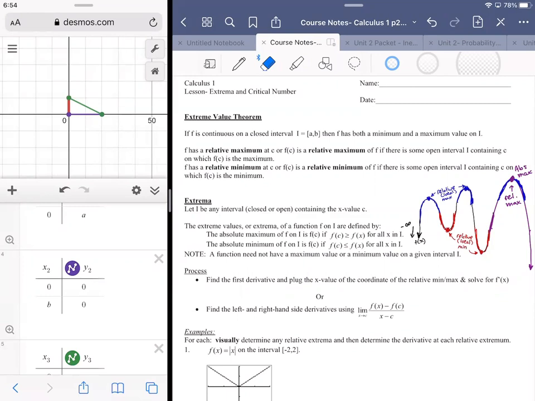Honestly, I've got to read this process because I wrote it such a long time ago and I've made so many edits over time that I can't remember if this is the version that I didn't like and edited, or didn't like and forgot to edit. Let me see. Find the first derivative, plug the x value of the coordinate of the relative min max software. Yeah, no, this is crap.